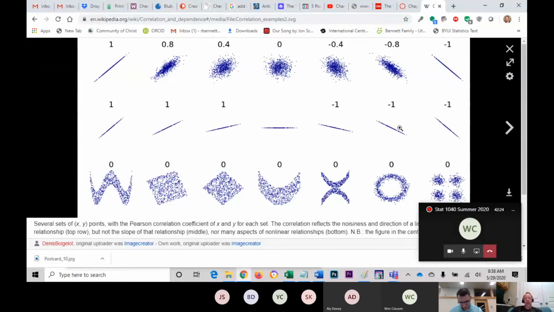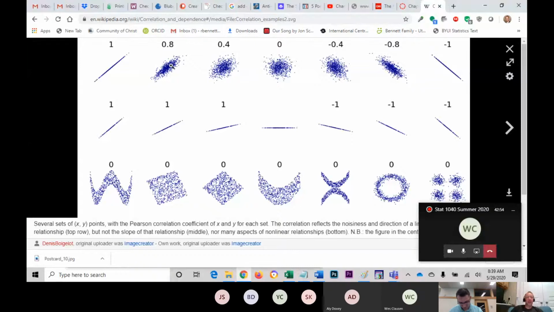So the idea with the correlation coefficient is we're trying to see how close the dots are together. Once again, perfectly correlated in the positive direction, perfectly correlated in the negative direction. This one here is a correlation coefficient of 0.8.